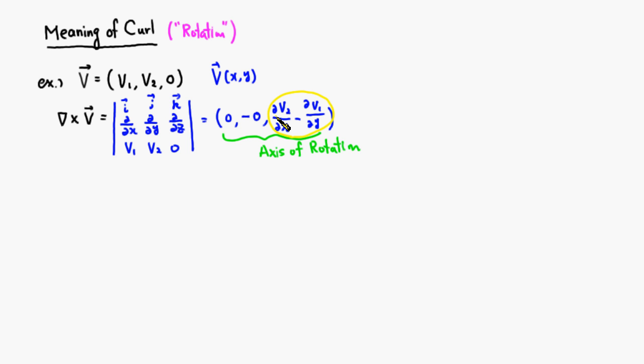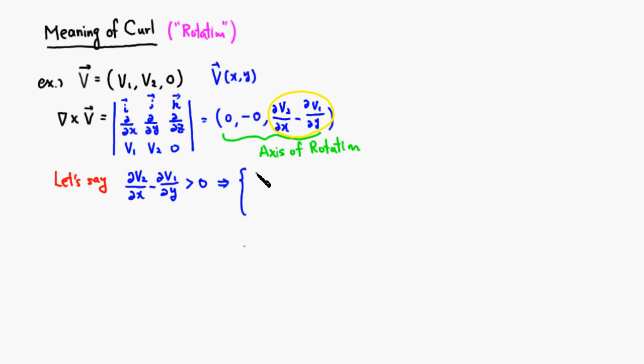So let's think about that. Let's say the curl turns out to be positive. What does that mean? Let's break that down.